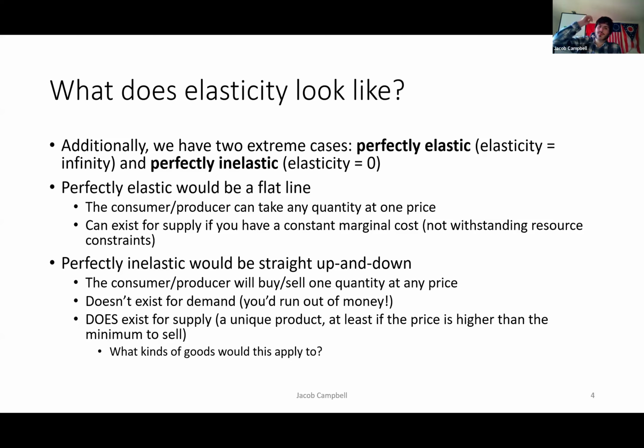This would be, from the consumer's perspective, the product for which you need a certain amount, you need it. You cannot do without that specific amount, but you don't need any more of it. Just that exact amount. And for the producer, that would be like a product which you cannot sell at any other price.